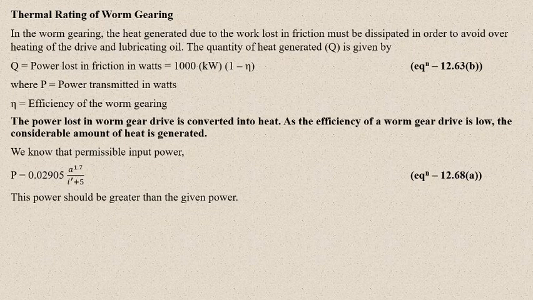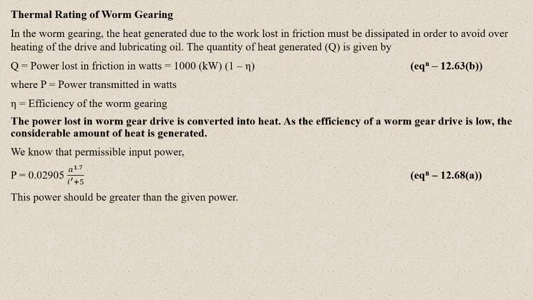The quantity of heat generated Q is given in the equation number 12.63 in design data handbook, that is 1000 into power into 1 minus eta, that is efficiency of the worm gearing. And after that, check with respect to the input power, how much input power we really need with respect to the given problem, that is the power lost in worm gear drive is converted into heat.